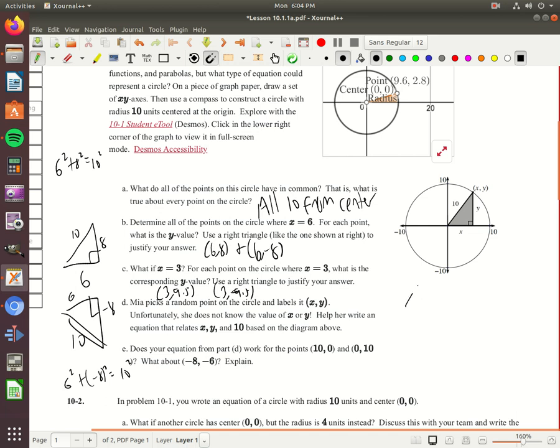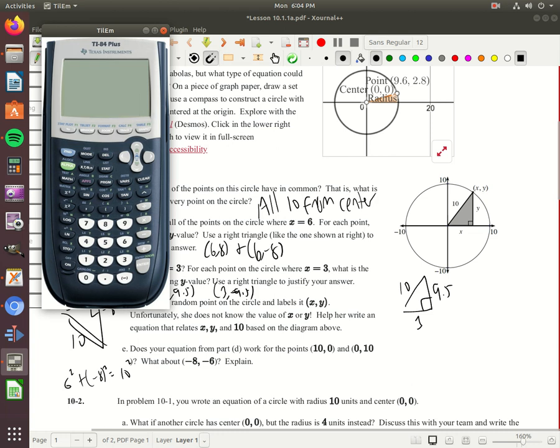And same thing, the Pythagorean theorem should justify that this equals 10. I don't think it's going to be exactly 10. There's some rounding there, so we'll see if it ends up hitting it on the dot or not.